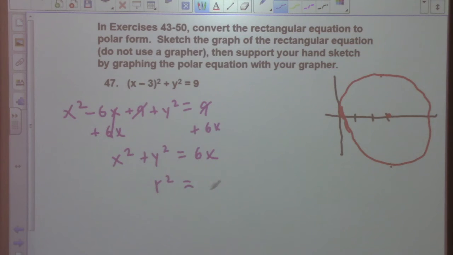And the right side, we have r cosine theta replacing x, so equals 6 r cosine theta. And what can we do next? What we can do is we can divide by r. If we divide by r, what do we get? Well, we get r is equal to 6 cosine theta.